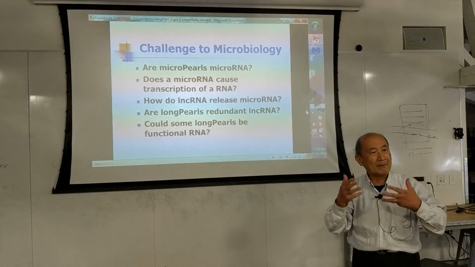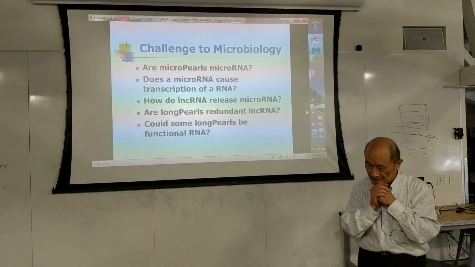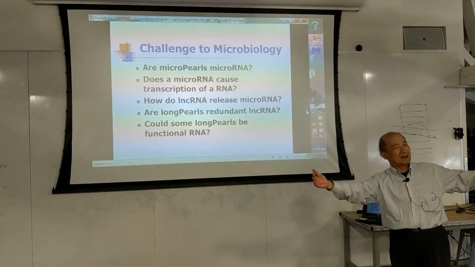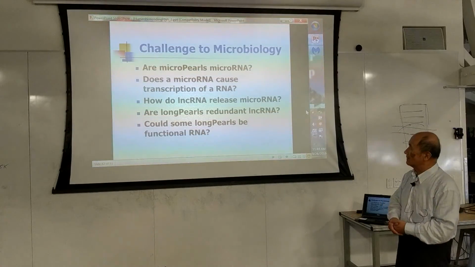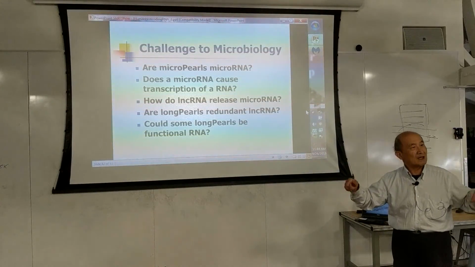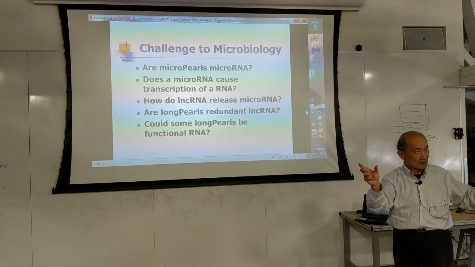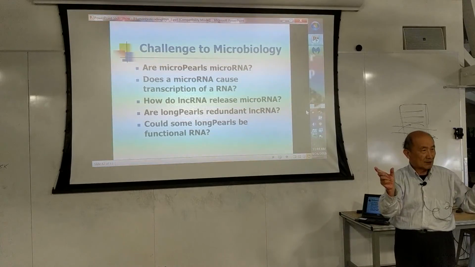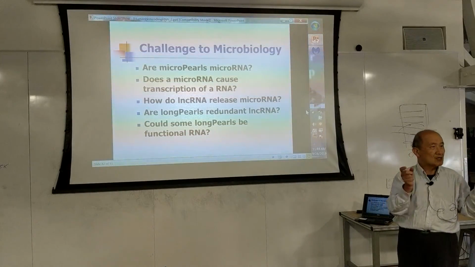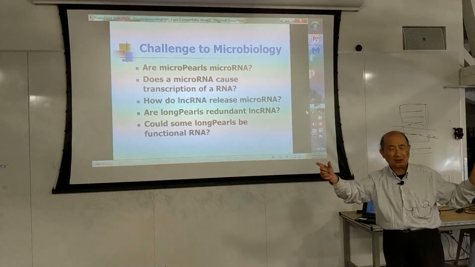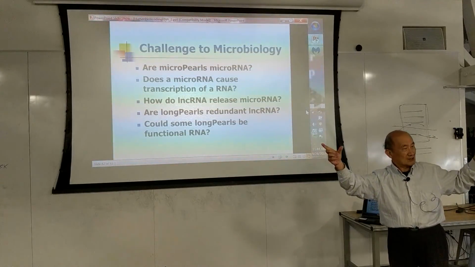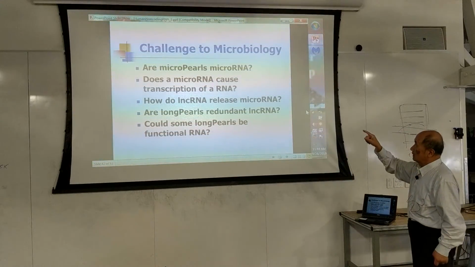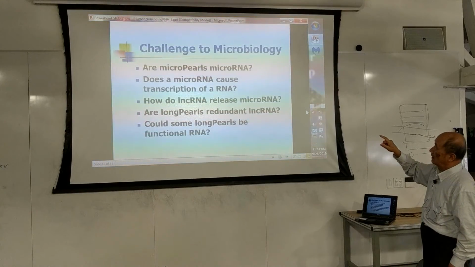I forgot the term, but you can copy lots of DNA, repeating the copy many times, but the copying depends on a primer. The primer is about 20 bases long. With this primer, the DNA replication can start from this location and continue to the point where the same primer appears in the stretch. So there is little experimental evidence that microRNA could cause the transcription of an RNA.